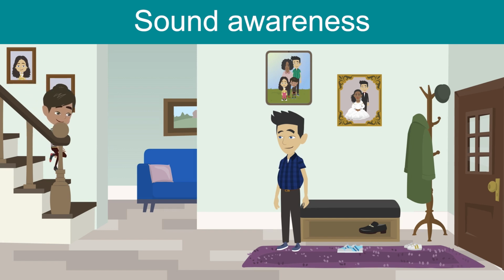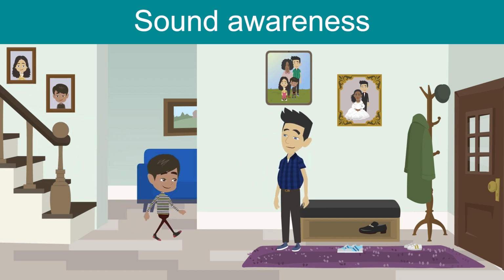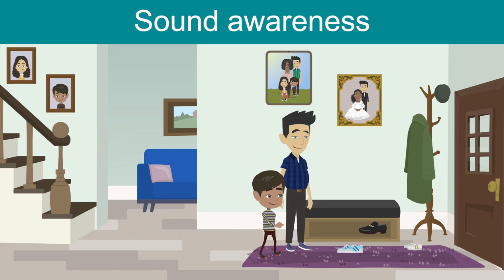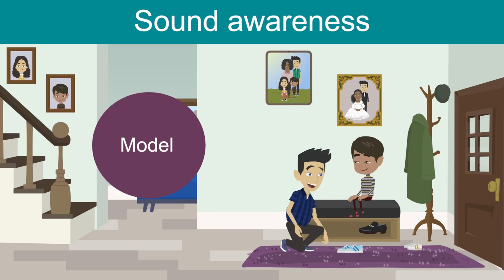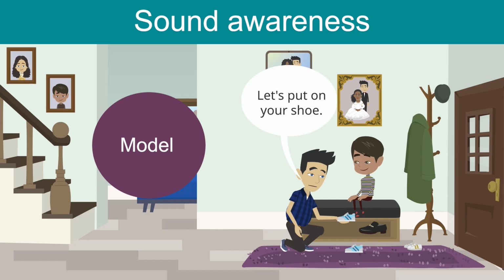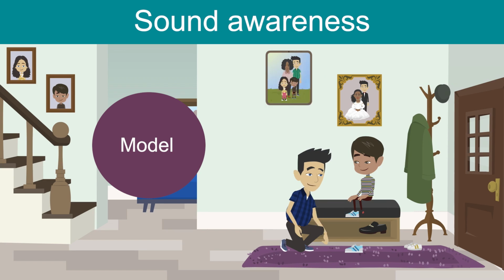For example, if your child is working on the sh sound, make sure to emphasize that sound and use lots of words that have that sound. You might say, let's put on your shoe. Shoe starts with sh, sh, sh, sh.